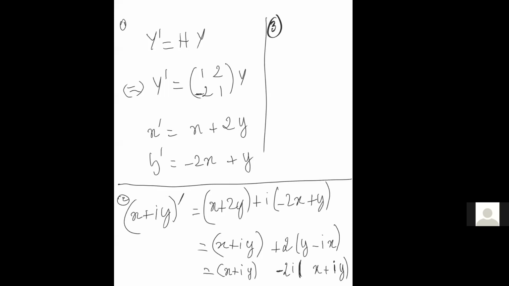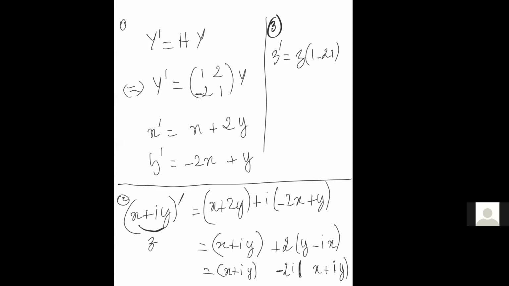So finally, if I call this expression z, I got z prime equals z times 1 minus 2i.